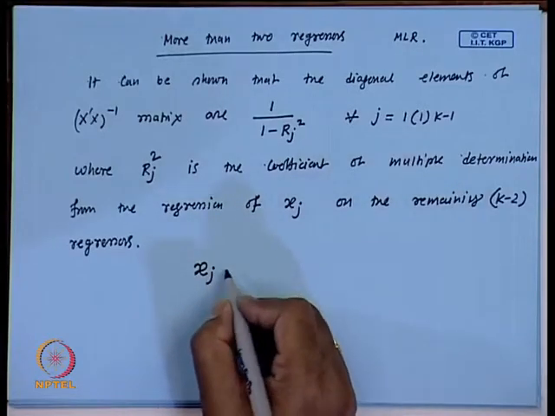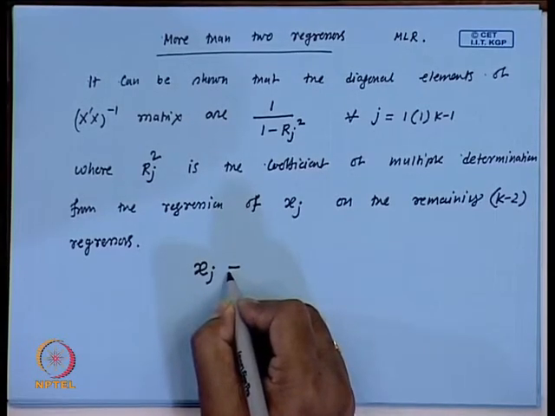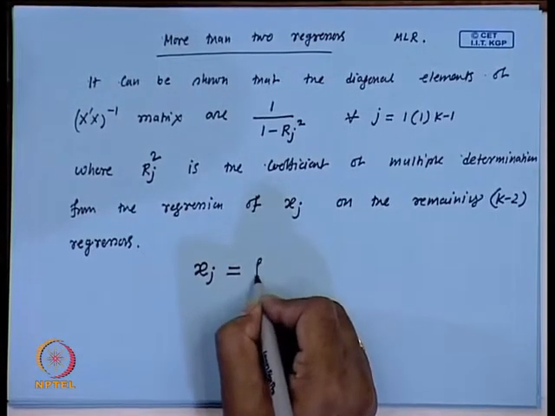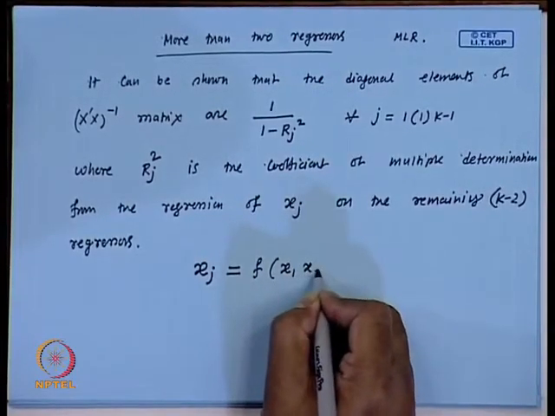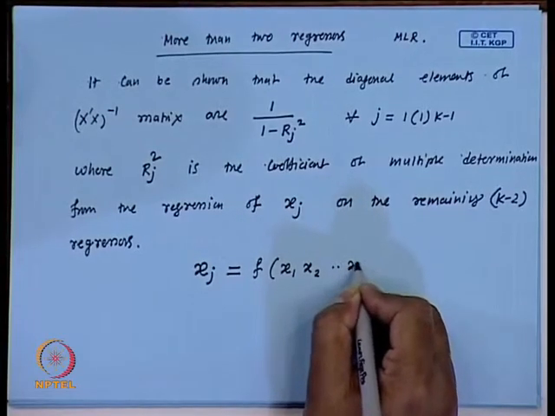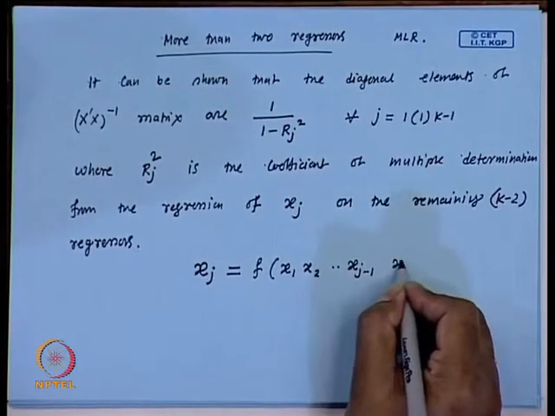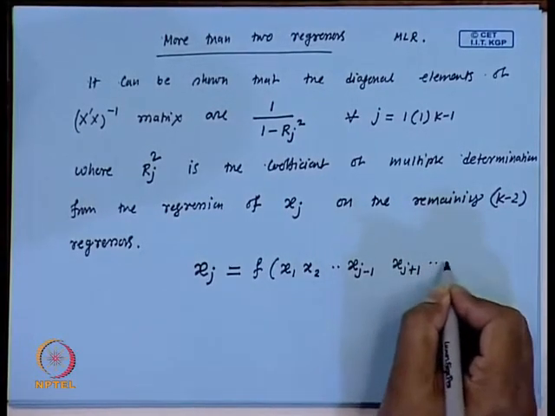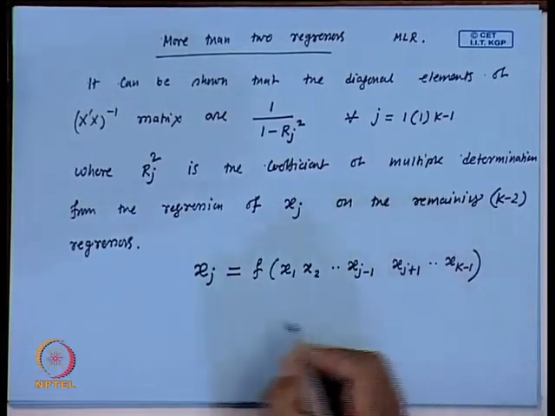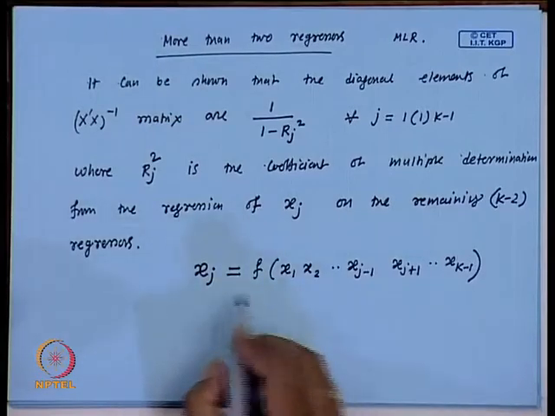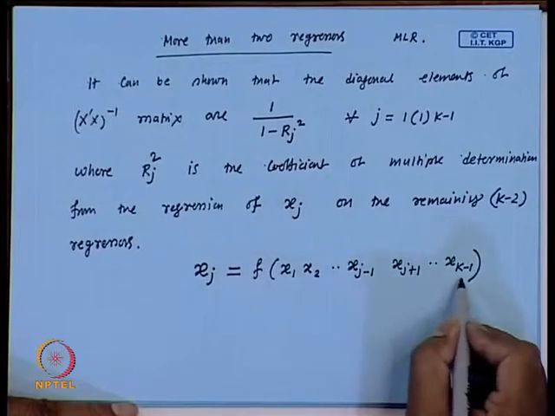So, here Xj you express in terms of the remaining regressors, say X1, X2, up to Xj minus 1, Xj plus 1, up to Xk minus 1. So, the model tries to express Xj in terms of the remaining regressors.